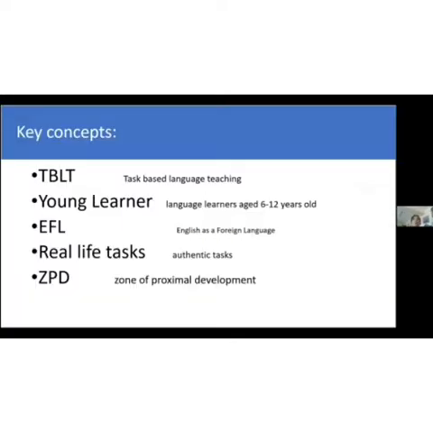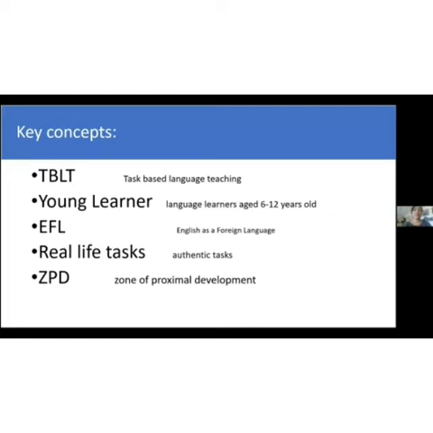Today we're going to talk about basic concepts like TBLT, young learner, EFL, real life tasks, and ZPD. TBLT stands for task-based language teaching, which is part of communicative language teaching. Young learners are language learners aged 6 to 12 years old.